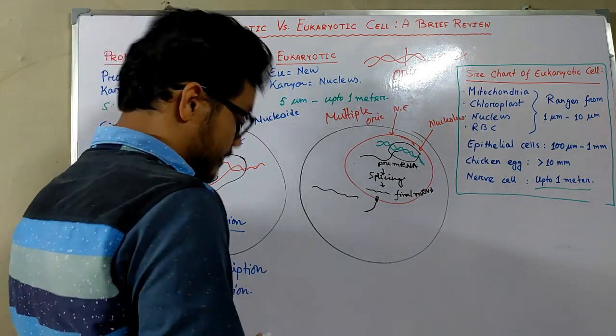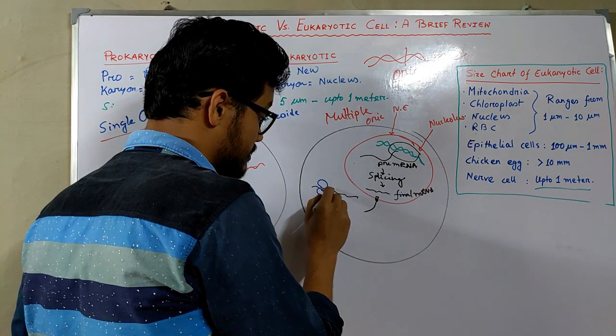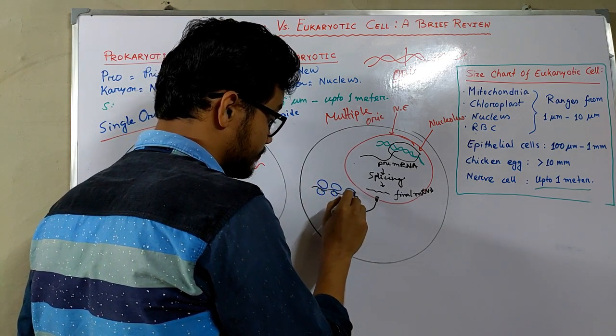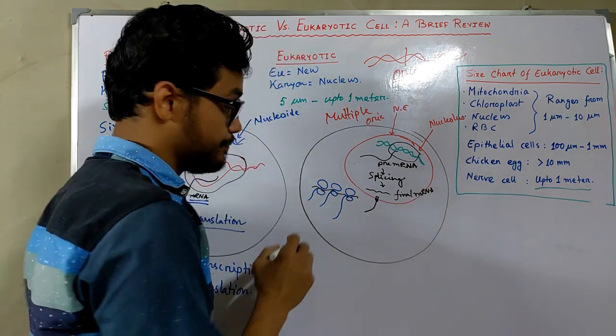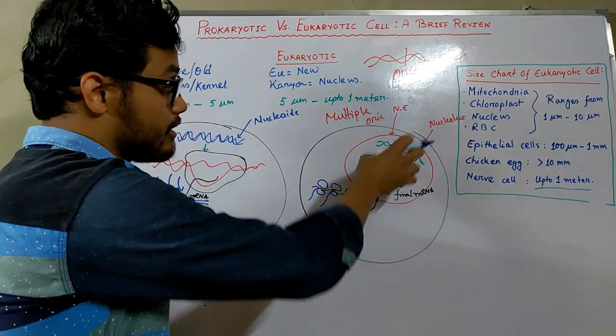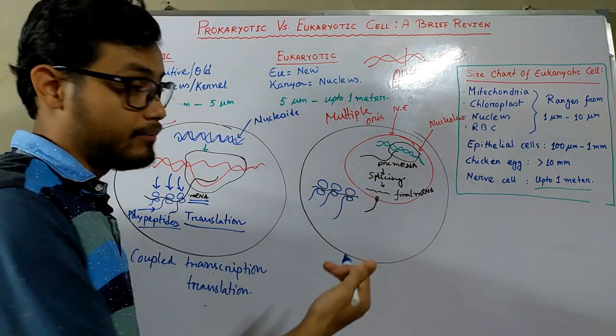Ribosomes bind with those mRNAs in the cytoplasm and produce polypeptides. So here transcription and translation occur after some time.